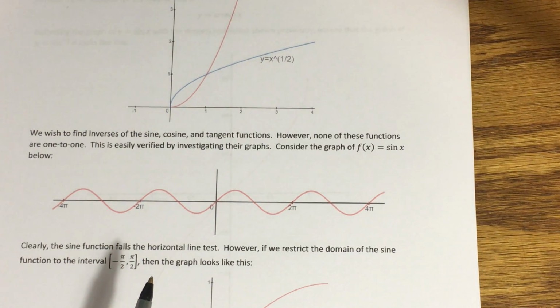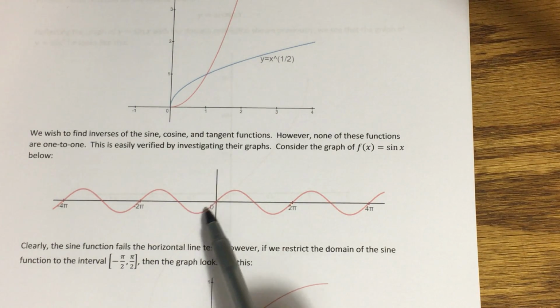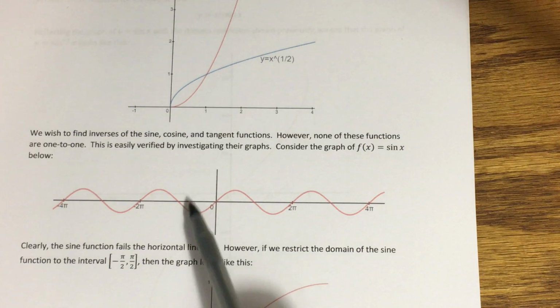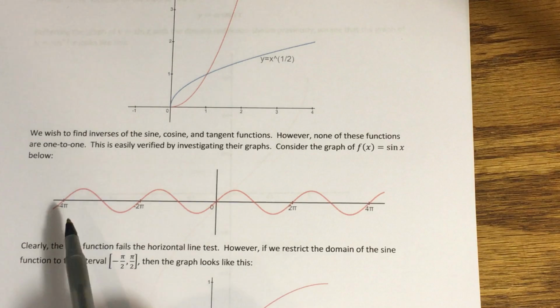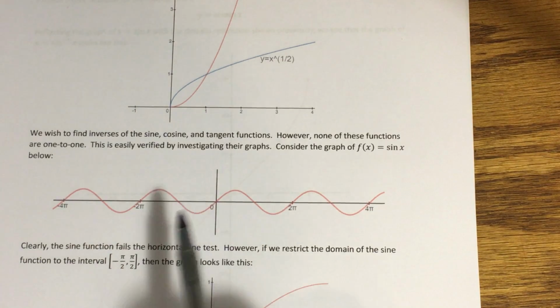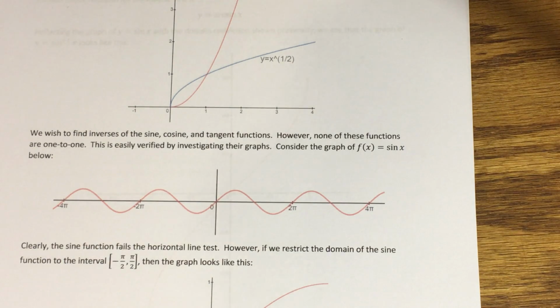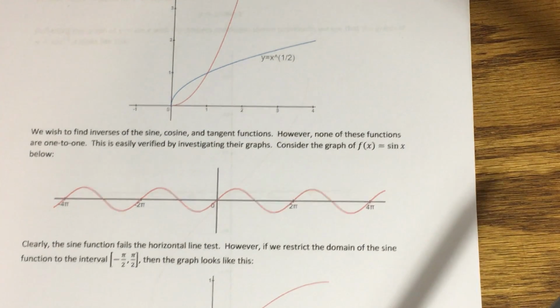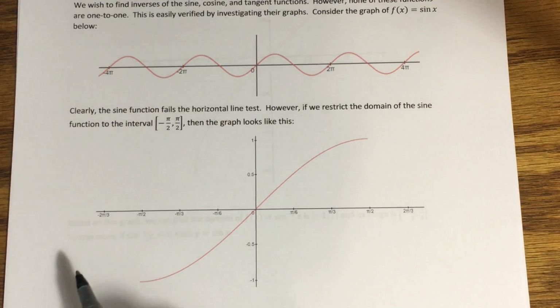But that's okay, because just like we did for the x squared function, I can artificially restrict the domain of this sine function so that a piece of it does pass the horizontal line test. Now, there are lots and lots of different ways you could do that. However, there is a particular interval that we tend to want to do this on by convention, where we're going to restrict our sine function to the interval negative pi over 2 to positive pi over 2.